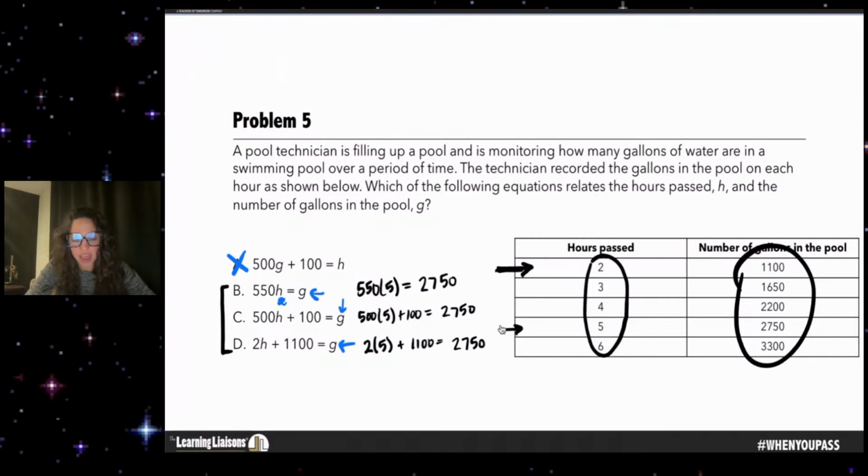All right, 550 times 5. That indeed equals 2,750. 500 times 5 plus 100 equals 2,600, so it can't be C. 2 times 5 is 10, plus 1,100 is 1,110.